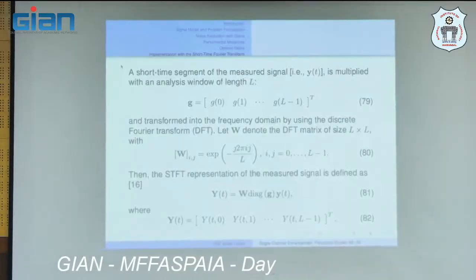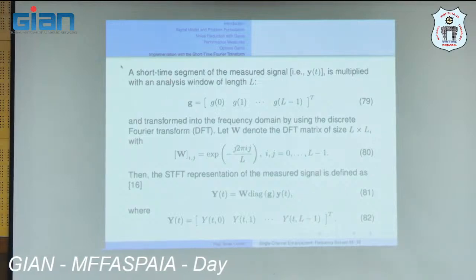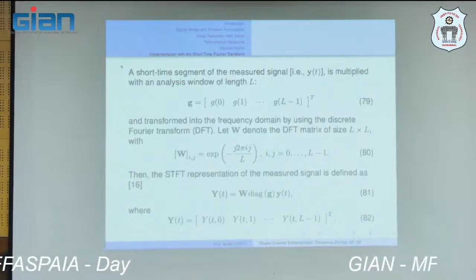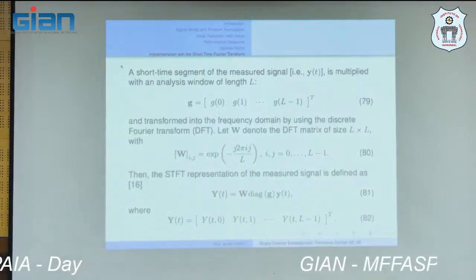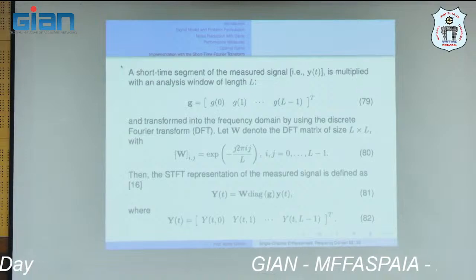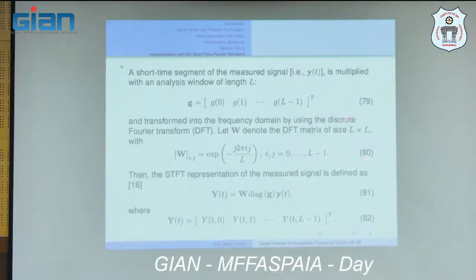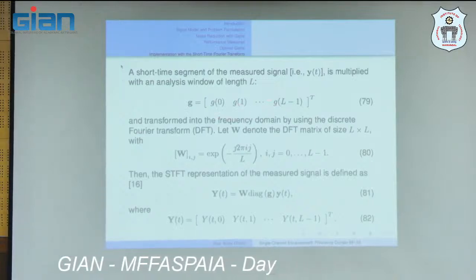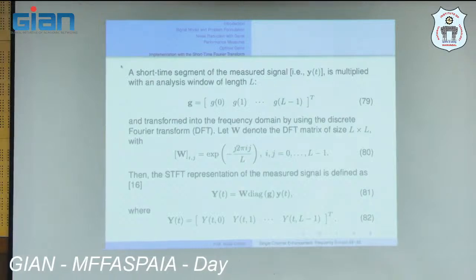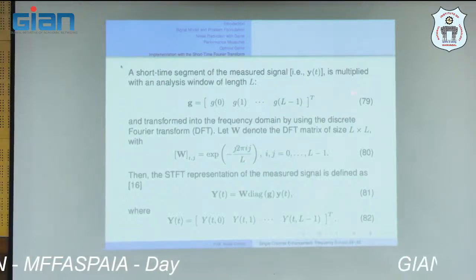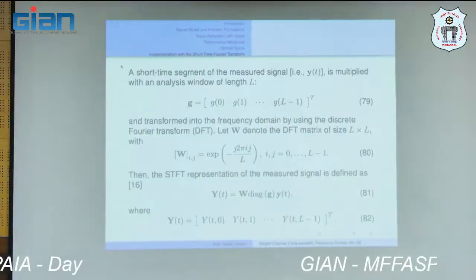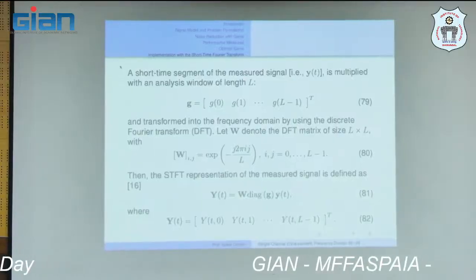Suppose that we choose here an analysis window of length L. Common analysis windows are the Hamming window and similar windows. So you have selections of windows. And then once you use an analysis window, you will also have to choose a window for the inverse short time Fourier transform, based on this window. Okay?